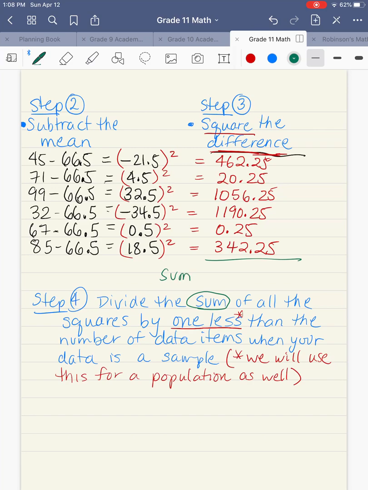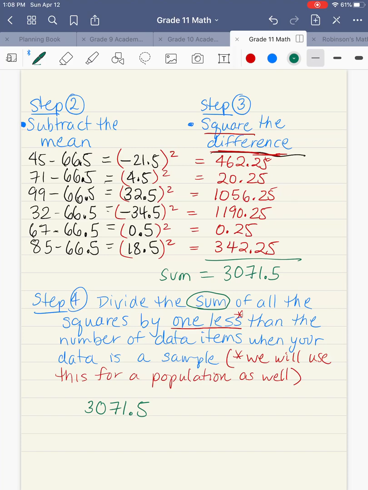So the sum means we're adding them all together. This is going to give us 3,071.5. Okay, so we found the sum, and I'm going to write it now down below step 4 also. So 3,071.5.